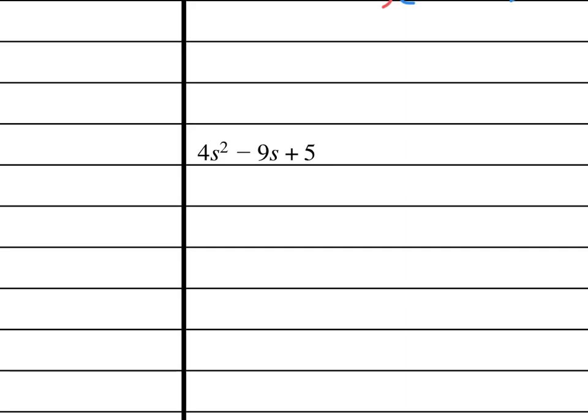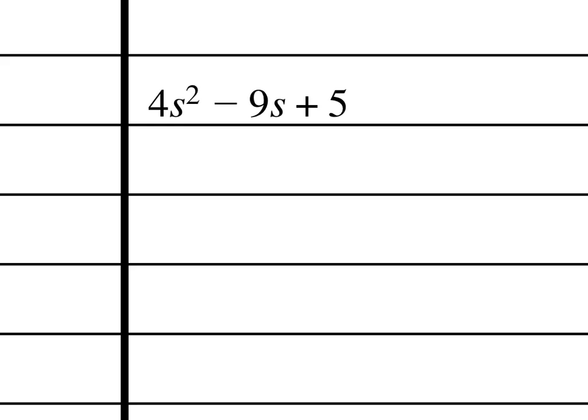We're going to ask ourselves each step. First thing, number 1, is there a GCF? No. Bummer. Number 2, is a equal to 1? No. A is equal to what right now? 4. So you are going to have to multiply a times c.